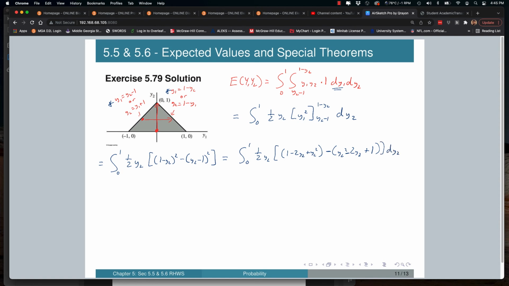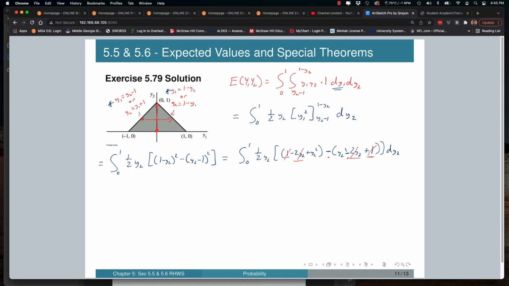But if we start looking at that before we move to the next step, we got 1 minus 1 essentially, so those cancel. We got negative 2 y sub 2 minus a negative 2 y sub 2, so those cancel.